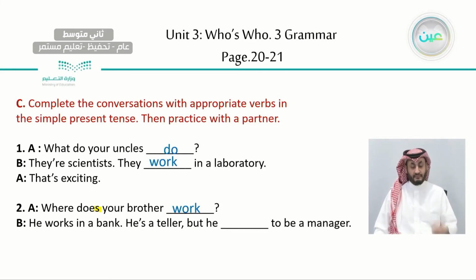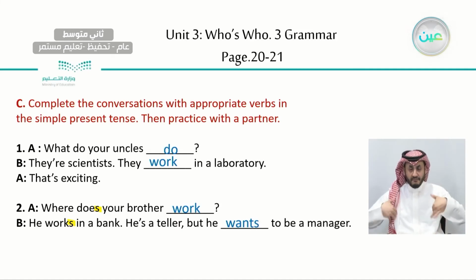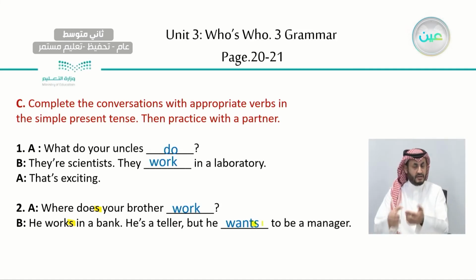He works in a bank, because we have he, we have S here. He's a teller, but he wants to be a manager. Because we have the word he, we add S to the word want.